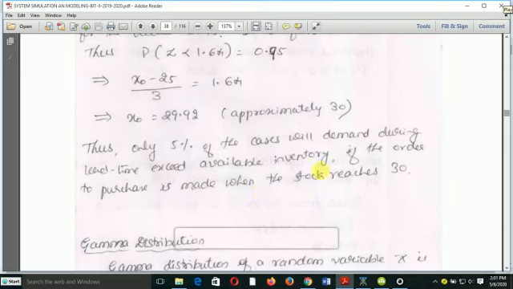So it means that when our stock reaches 30, only 5% of the cases will have demand during the lead time. But this will be an additional time according to the norm of 1, where the level of the stock will be 30.